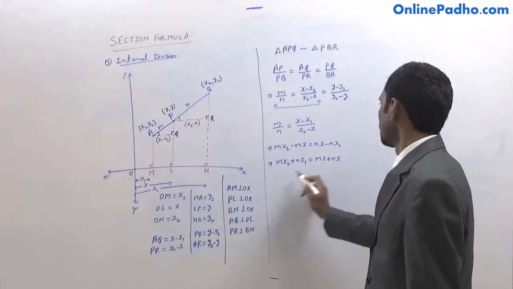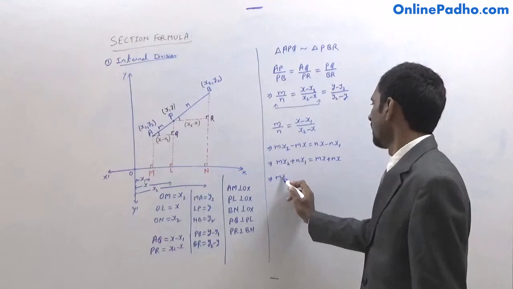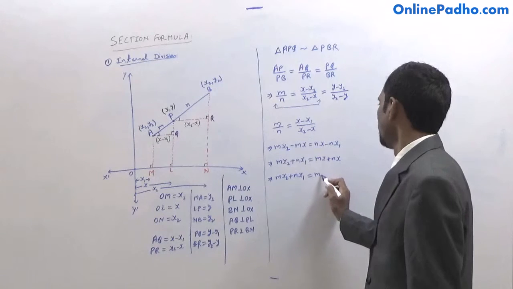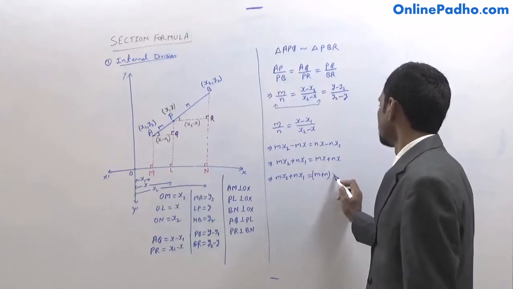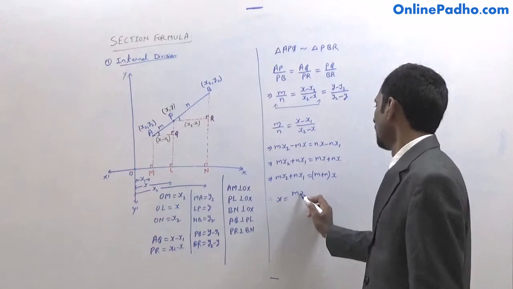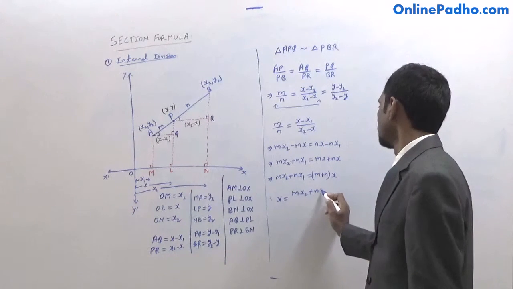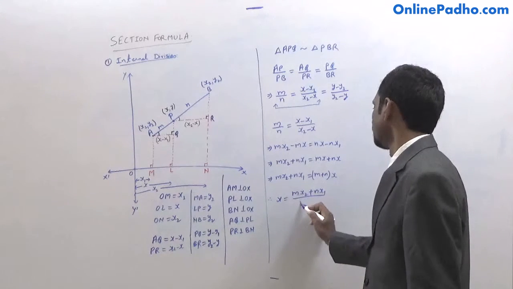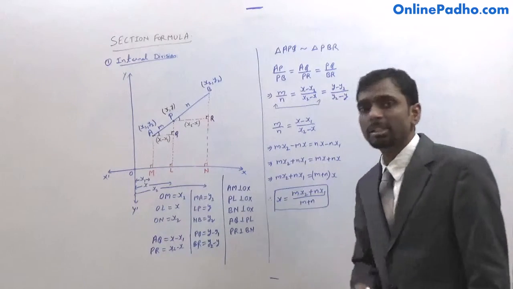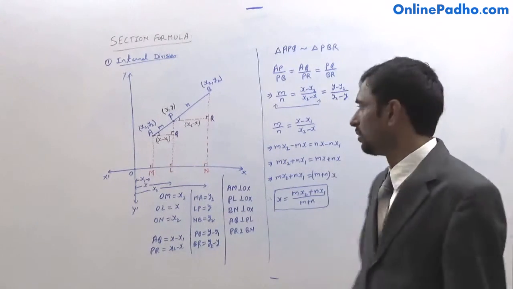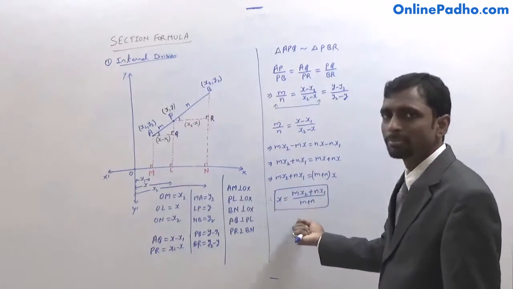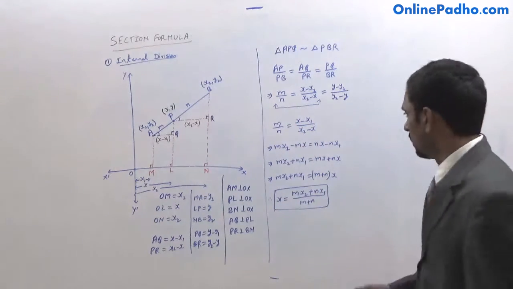On the right-hand side, we take x common, so it will be M plus N multiplied by x. Therefore x is equal to Mx2 plus Nx1 divided by M plus N. This is the value of x in terms of M, N, x1 and x2. You just need to cross multiply and simplify.